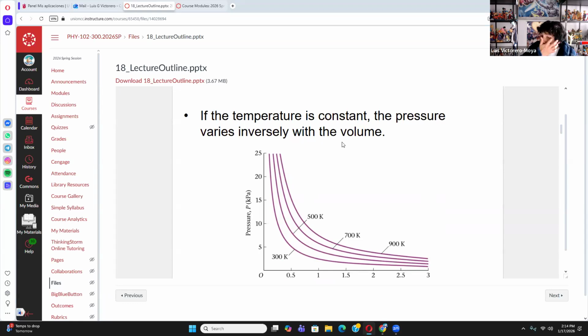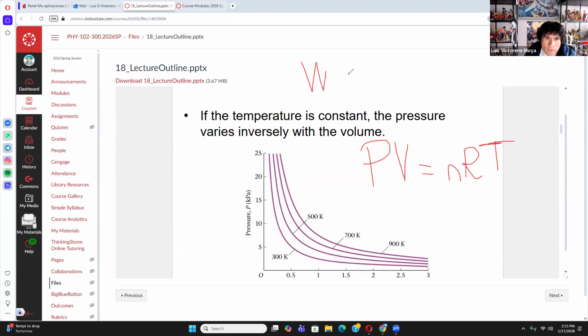Now, how do you find the work? I want to show you that on the whiteboard, next video. But basically, if you use the ideal gas law, PV equals nRT, right?